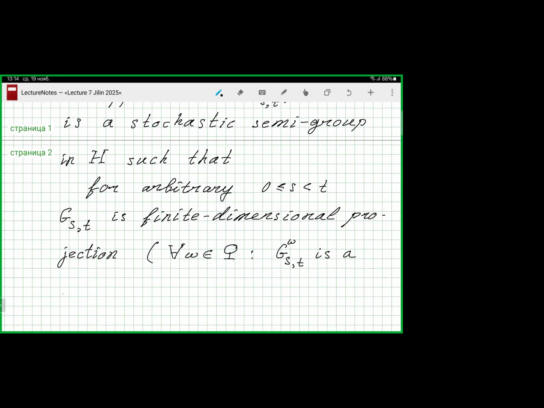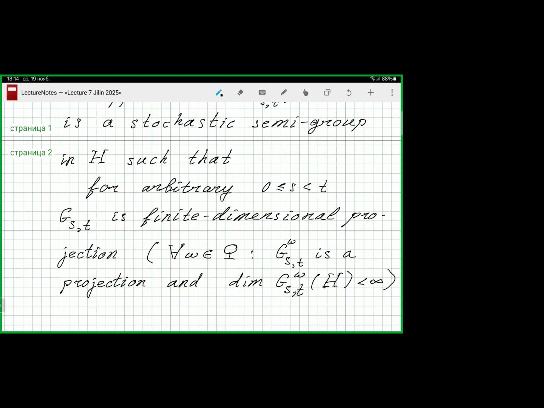And the dimension of J_{S,T}(omega) from H, so the dimension of its image, the subspace on which J_{S,T} projects the whole space, is less than infinity. Okay.